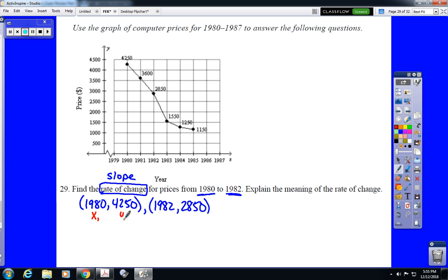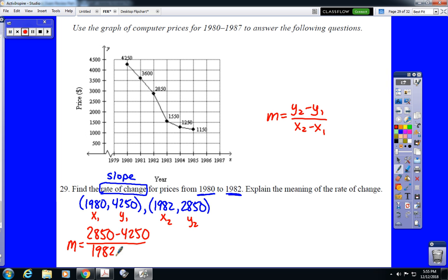So x1, y1, x2, y2. Remember, you have your slope formula, y2 minus y1 over x2 minus x1. So that would be 2,850 minus 4,250 over 1982 minus 1980.